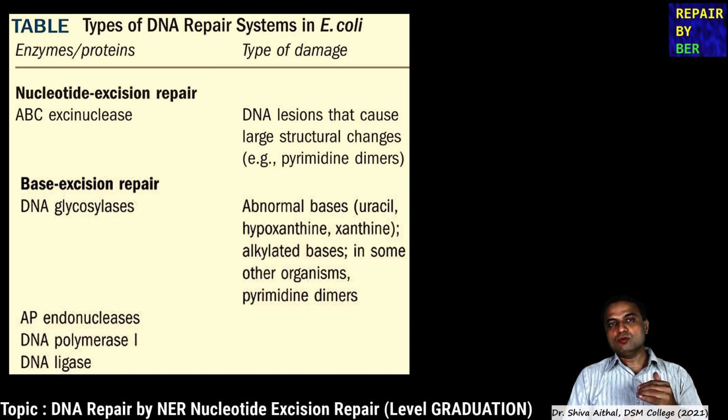If you saw nucleotide excision repair, it removed the pyrimidine dimers, whereas base excision repair removes the abnormal bases which are formed due to uracil, hypoxanthine, xanthine, or alkylated bases. In some other organisms it may be pyrimidine dimers, etc.